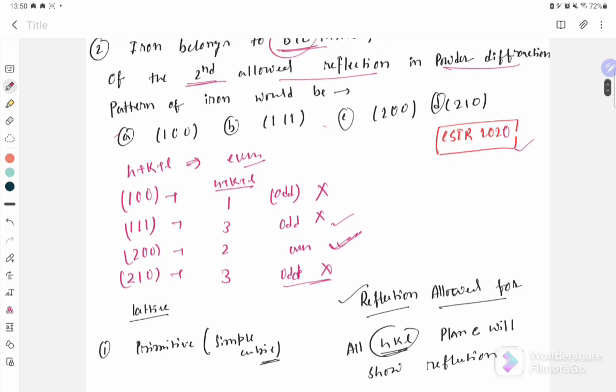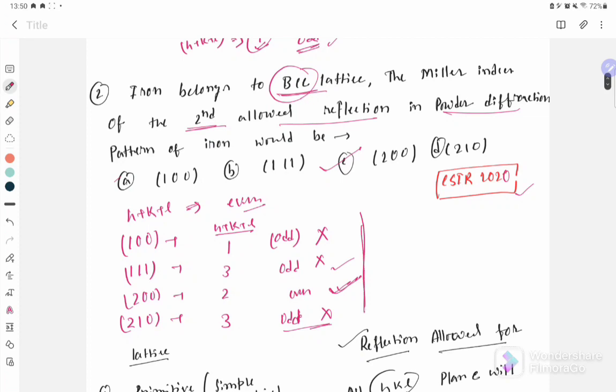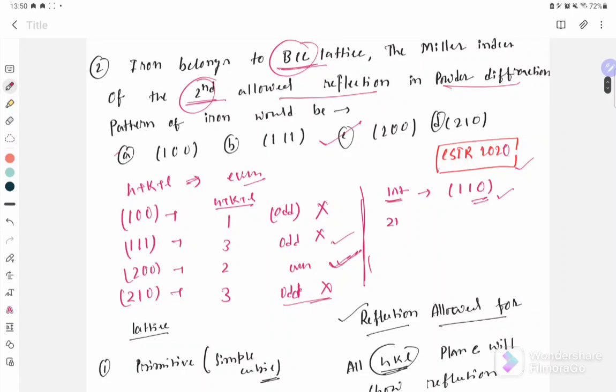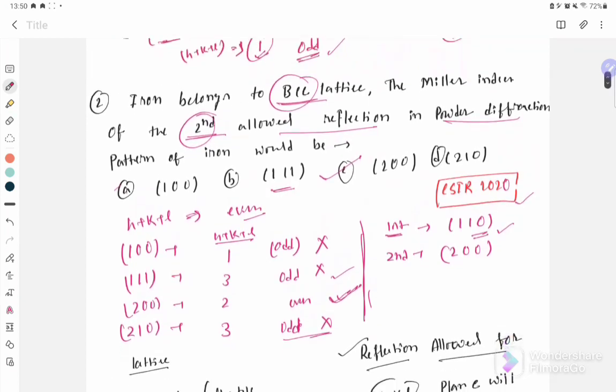But the question asks for the second allowed reflection, so it can be confusing for you. Our first allowed plane will be 1 1 0, that shows the reflection for BCC. Second allowed is 2 0 0, because the 1 1 1 plane cannot show the reflection for BCC.